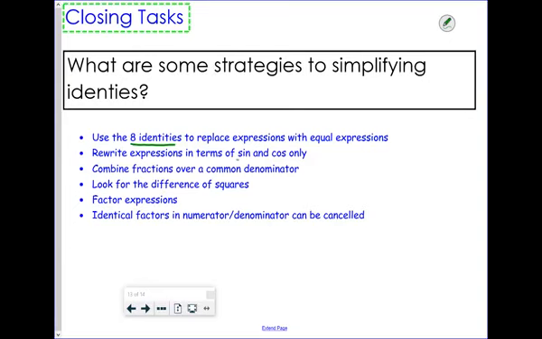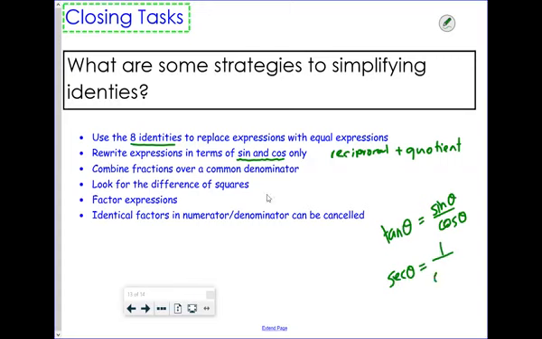The simplest technique is to just use your reciprocal and quotient identities that involve sine and cosine. So for instance, if you see tangent of theta, you replace it with sine of theta over cos of theta. If you see secant of theta, you replace it with 1 over cos of theta. That's what this technique means, that second one.